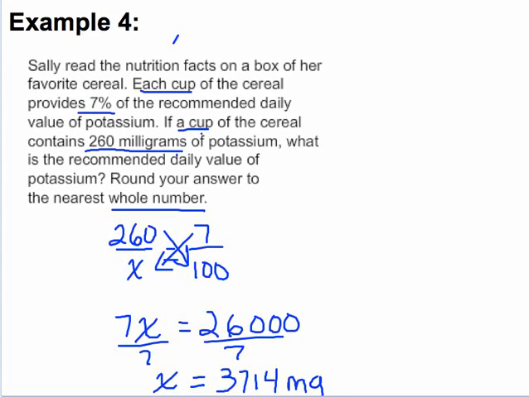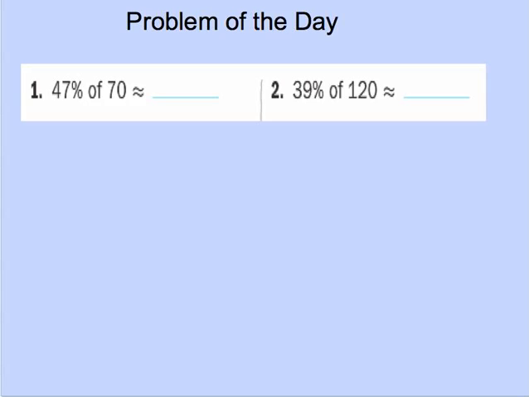All right, let's get into that problem of the day. Tomorrow the first thing that we'll look at in class is if I want to know what 47% of 70 is and 39% of 120 is, how would I calculate that using the proportion method? This is worded slightly differently than the problems of this video.